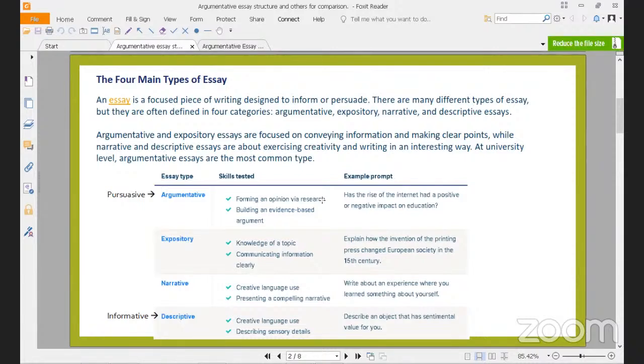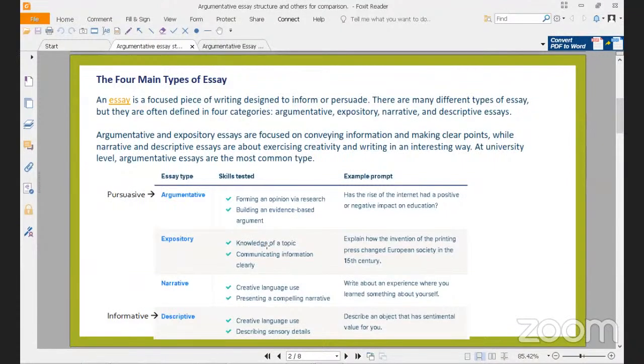Example prompt: has the rise of the internet had a positive or negative impact on education? Okay. This is just an example, and we have it question-based. But we are writing about an opinion, which at some point we need to decide what's going to be our argument about and what it is that we want to convey.